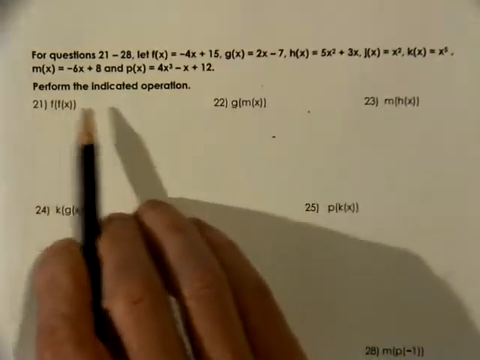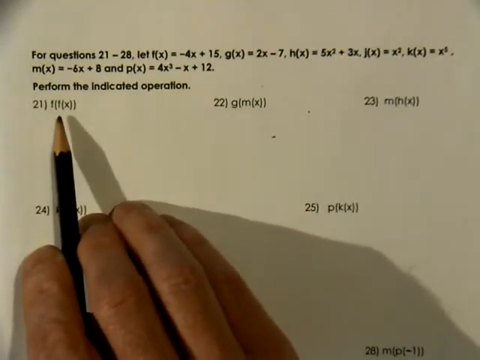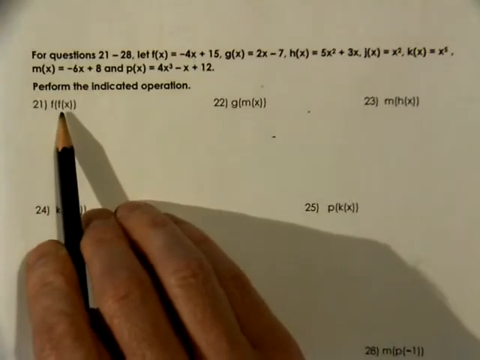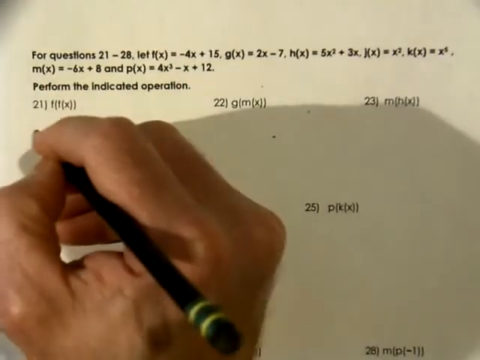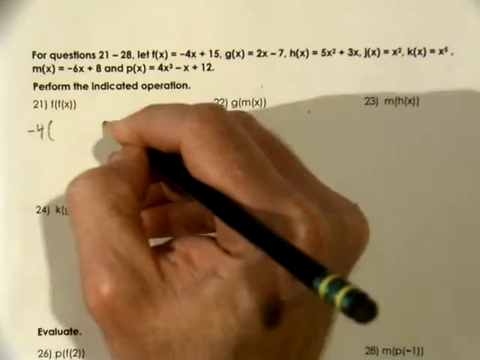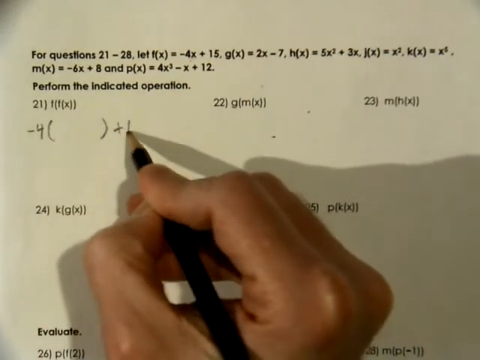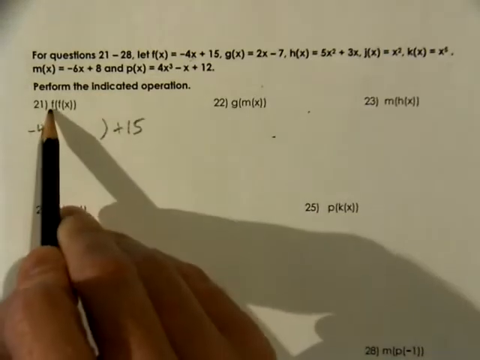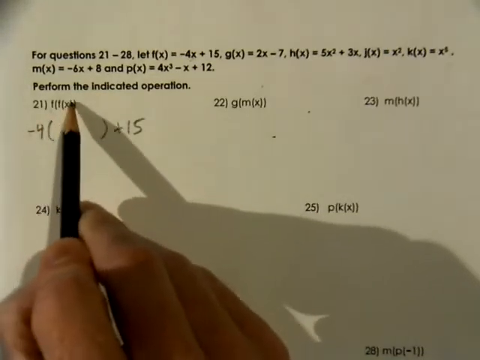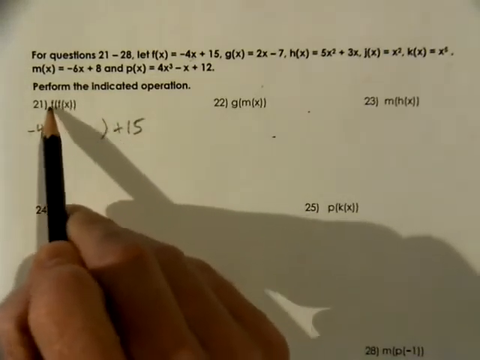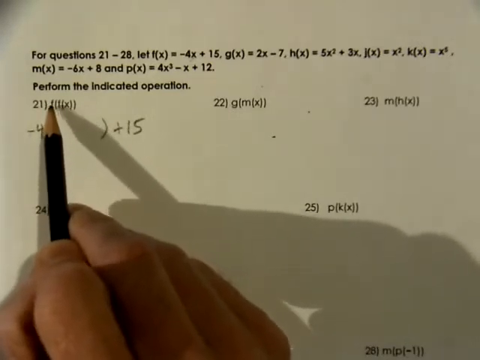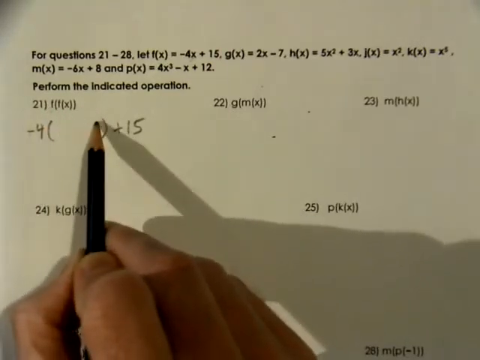So now we're going to come down and do compositions. F of x. So we take our f function, which is negative 4 times something plus 15. That is your f function. Now you plug, in this case, you're actually plugging the f function into the f function for the x.